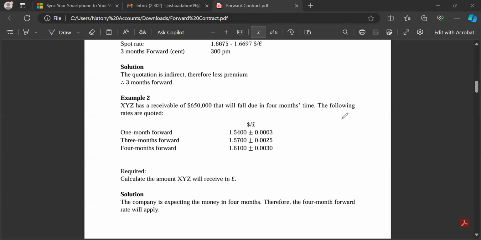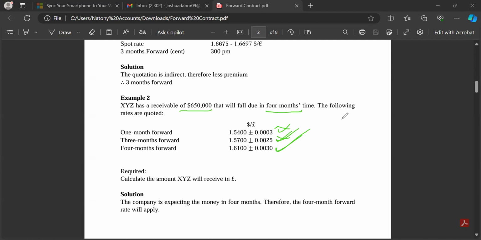In this question, XYZ has a receivable of $650,000 that will fall due in 4 months' time. The following rates are quoted: the 1 month forward, 2 months forward, 3 months forward, and the 4 months forward. So you are picking the 4 months forward.